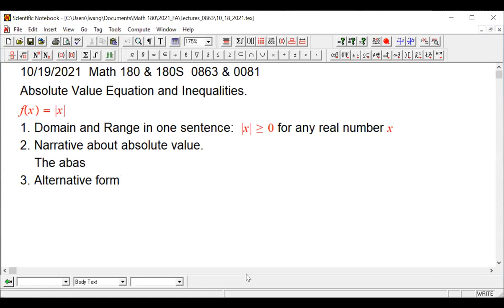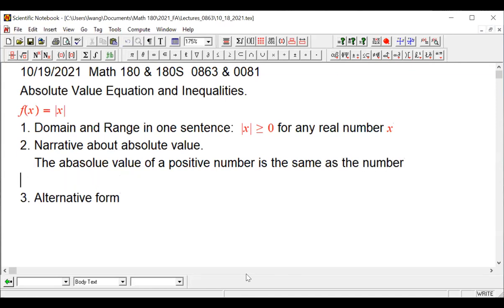The absolute value of a positive number is the same as the number. The absolute value of 0 is the same as 0.